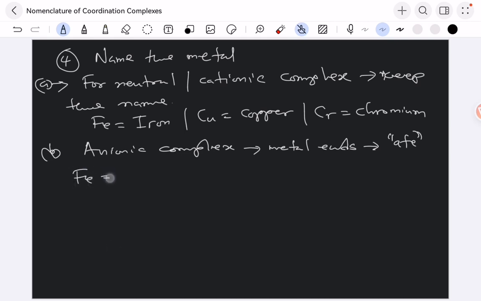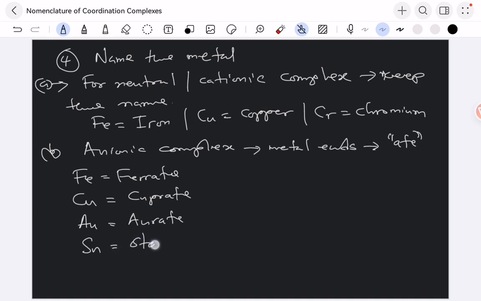For example, Fe becomes ferrate, Cu becomes cuprate, Au becomes aurate, tin becomes stannate, Ag, argentum, becomes argentate, and Cr, chromium, becomes chromate.